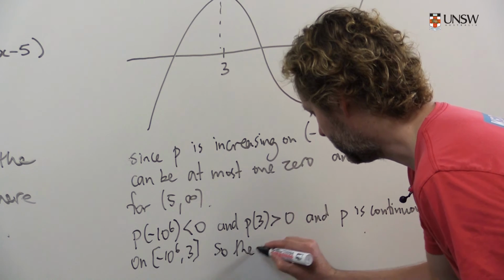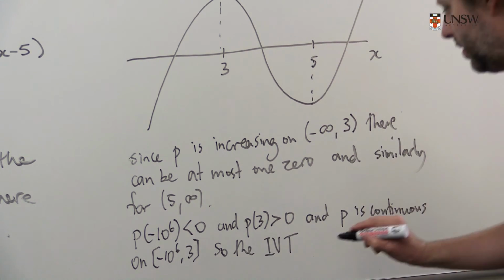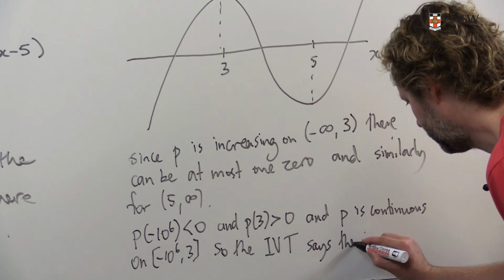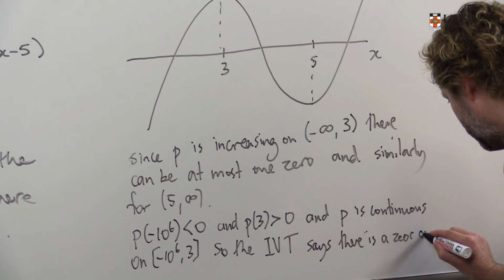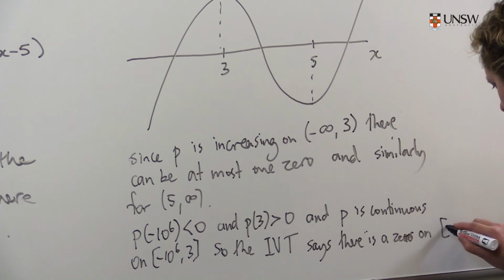I'll just abbreviate to IVT for intermediate value theorem. The IVT says there is a 0 on this interval from -1 million to 3.